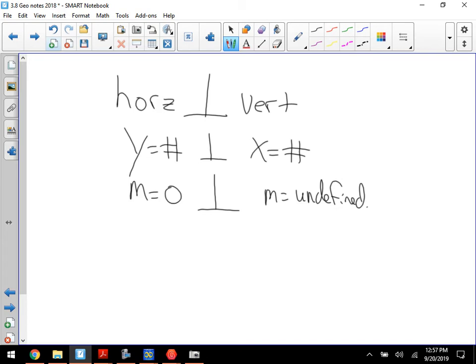Now, the reason that I say these things is because today, we're going to be writing equations of lines that are parallel and equations of lines that are perpendicular. Horizontal and vertical lines are the easiest ones to write equations for, because it's either x equals a number or y equals a number. You just have to know which one you're dealing with.